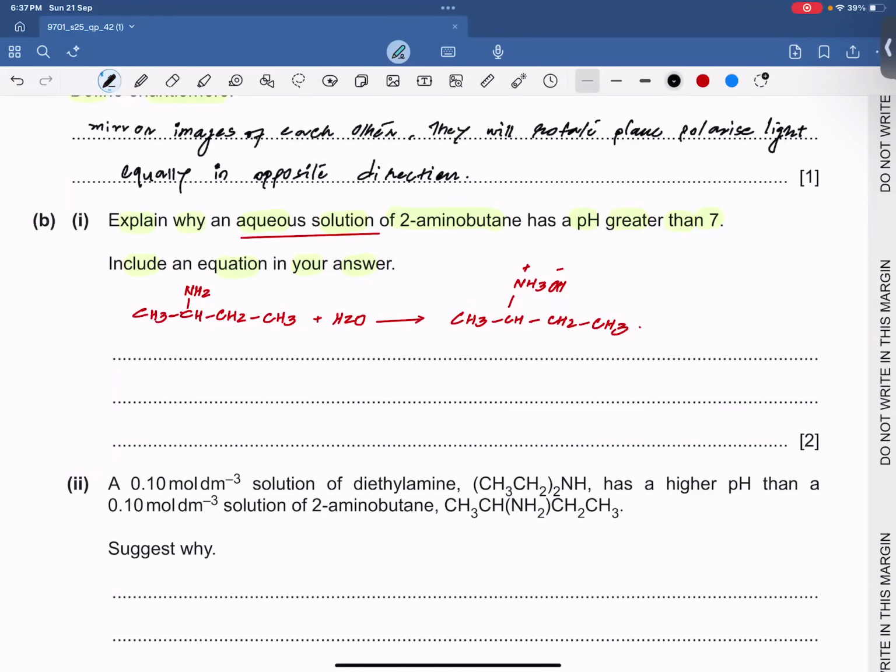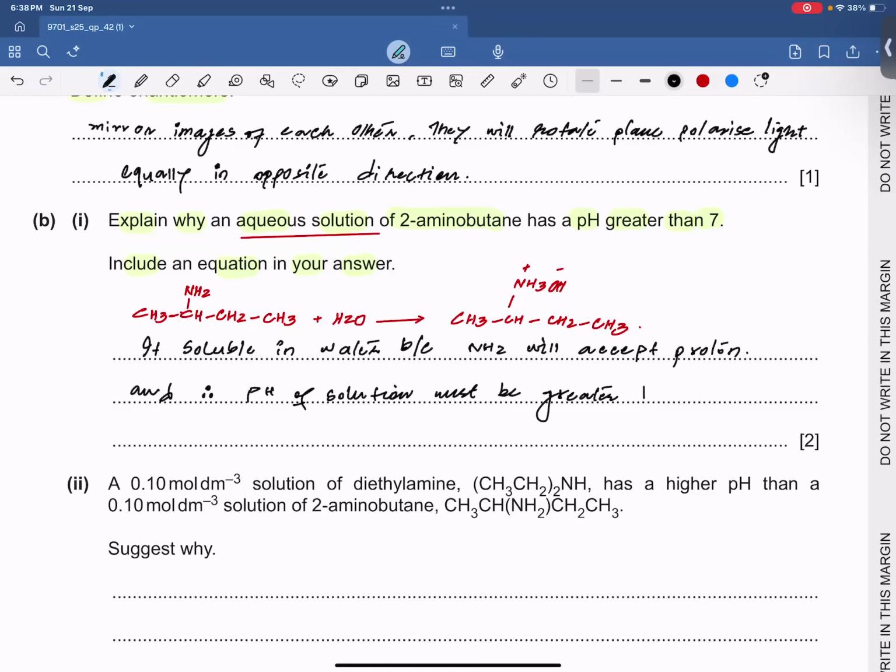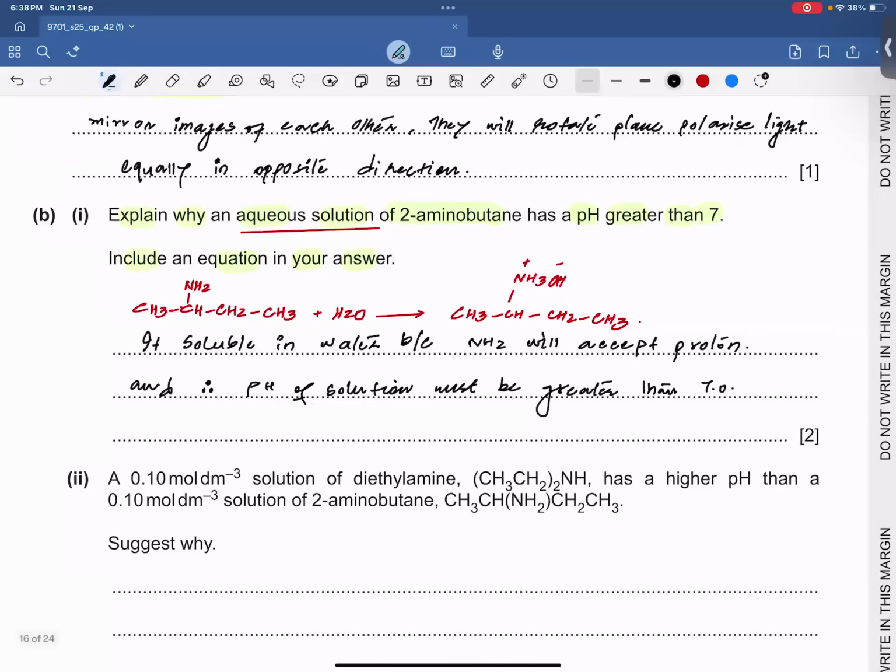So what we need to write here is that it is soluble in water, because NH2 will accept a proton, and therefore the pH of the solution must be greater than 7.0.